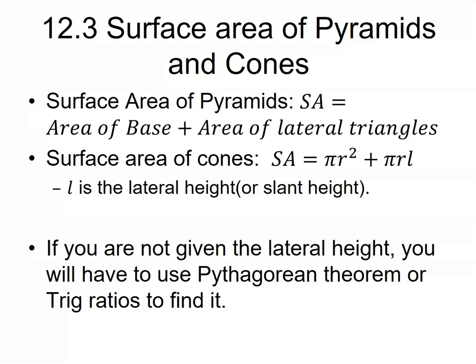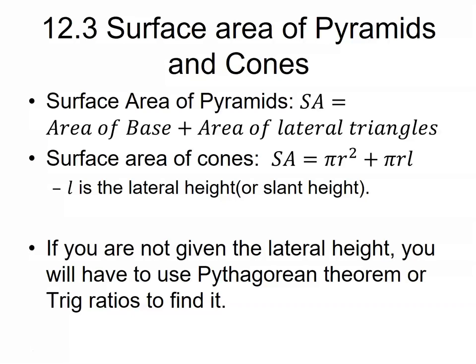And then we're going to focus on regular pyramids. There are other ways that we could draw our pyramids, but we're going to focus specifically on pyramids where the base is a regular polygon.